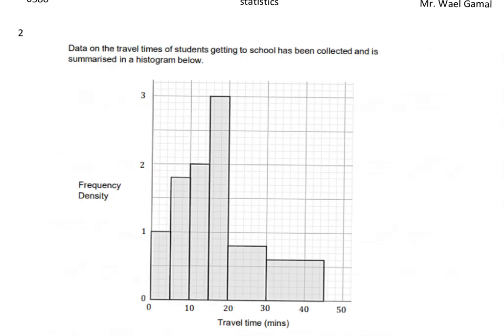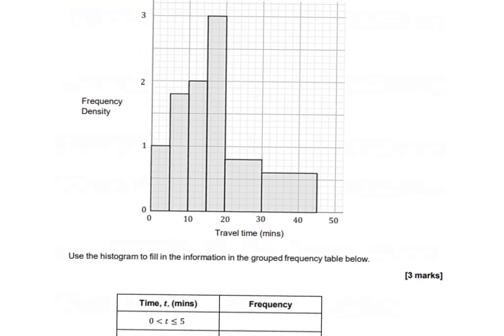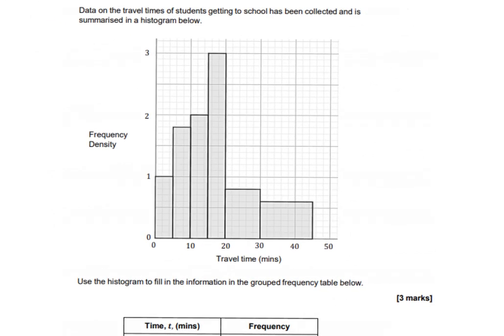For number 2, you have the histogram drawn for you, but we need to complete this table. You need to find the frequency. How to find the frequency if you have the histogram? The frequency for each class is the area. So to find the frequency from 0 to 5, find the area for this rectangle.